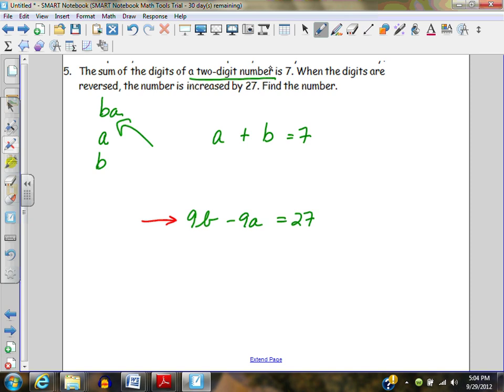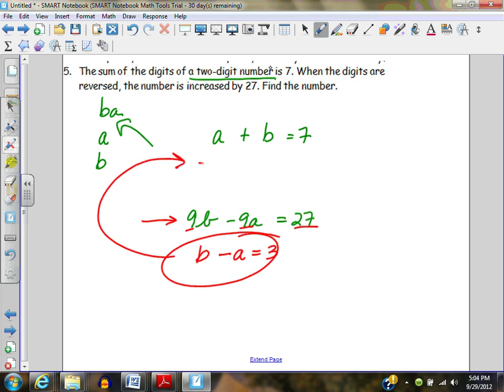You know, I can simplify that, right? I can divide everything there by 9, which would give me B minus A equals 3. I just divided everything by 9. It's the same equation because I divided everything by the same number. But what I like about that is I can just put it right up here. Negative A plus B equals 3.